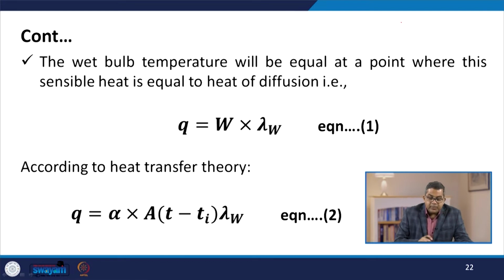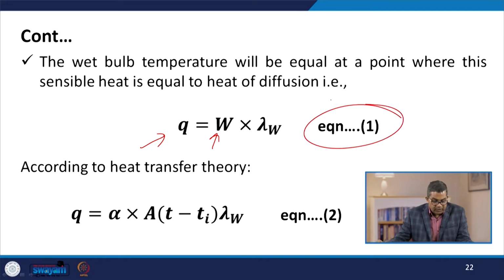Now, the wet bulb temperature will be reached at the point where this sensible heat is equal to the heat of diffusion, and this is the mathematical representation: Q is equal to W into lambda W, and that is equation number 1.